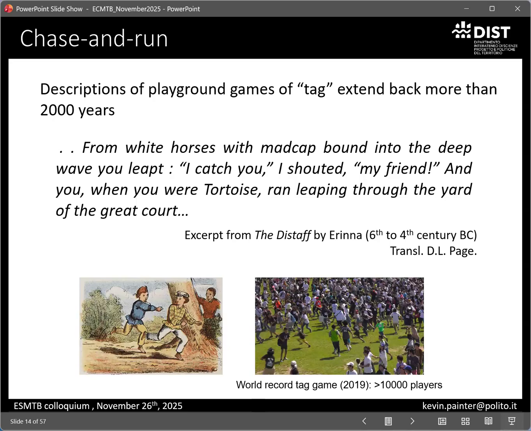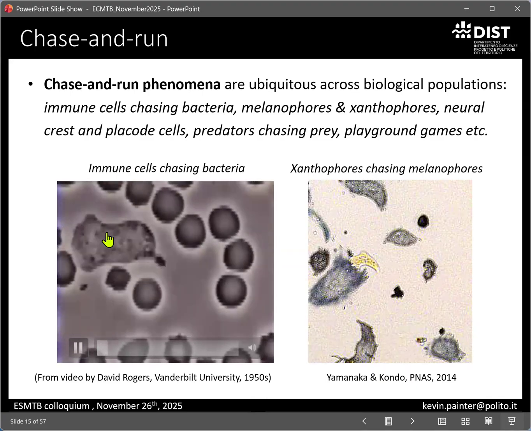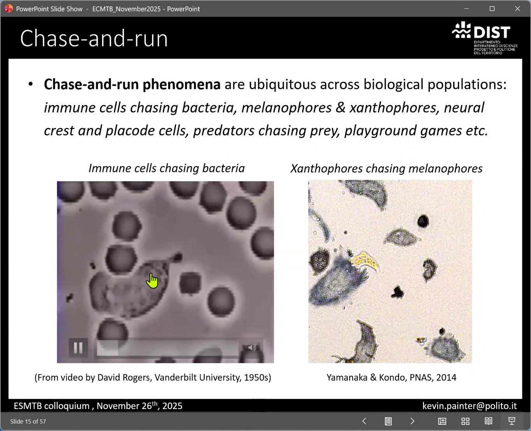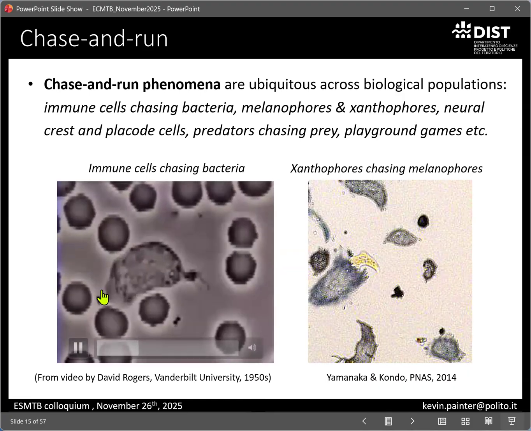So chase and run, as I say, is something familiar to all of us from the playground. But it's actually a fairly ubiquitous phenomenon across the biological world. It happens not just between humans, it happens between predators and prey, but it also happens between a lot of different cell populations. To show a couple of examples, one example, very much like a predator-prey scenario, is this famous video of an immune cell chasing down a bacteria.